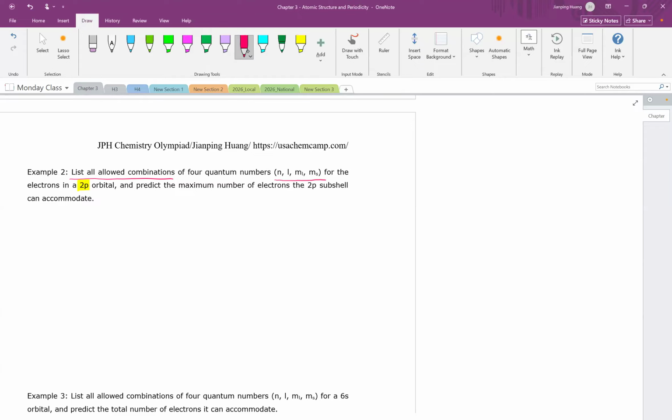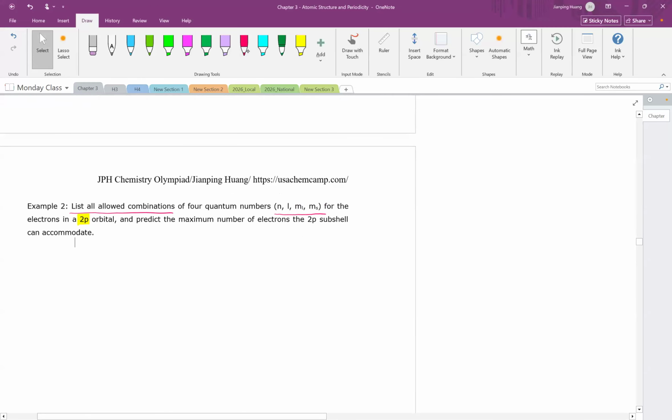Excellent. I want to use a table format, okay? In that case, you will have it very nice. I'm going to do that. So in this one, I'm going to put N, L, ML, MS. I want to make a note, okay?